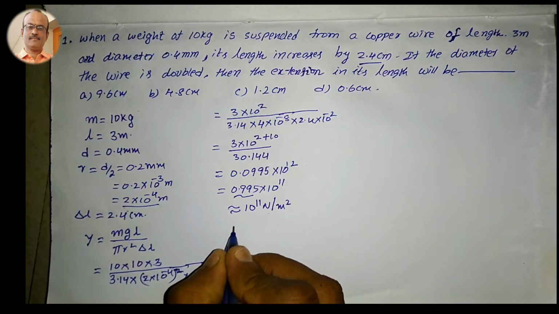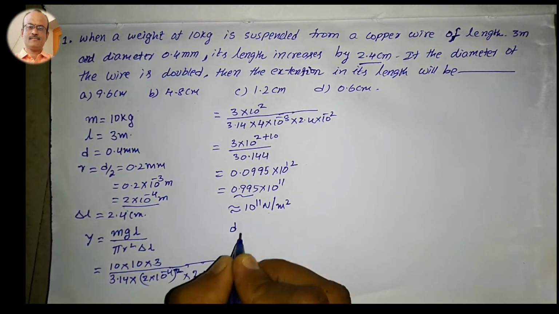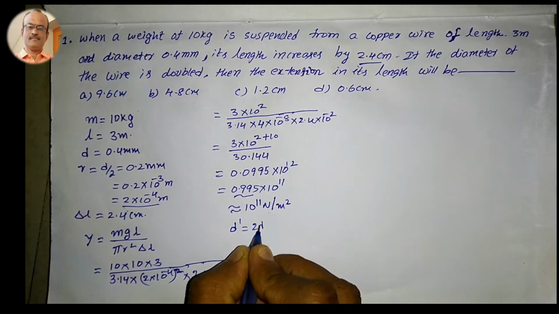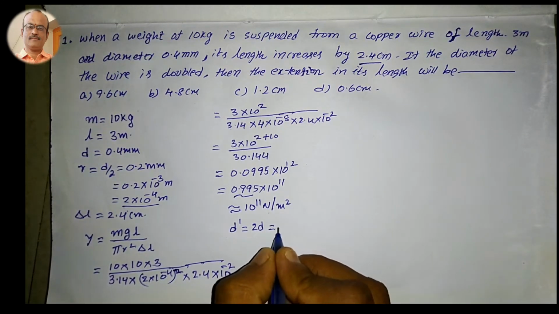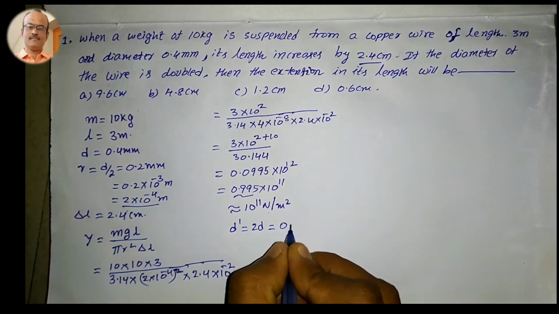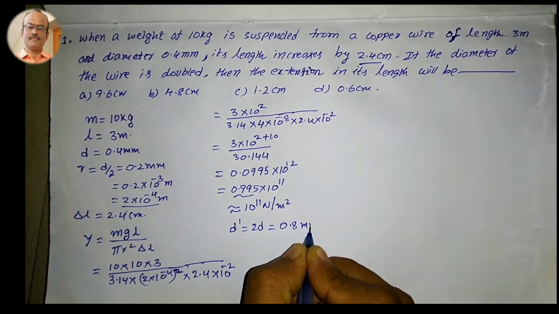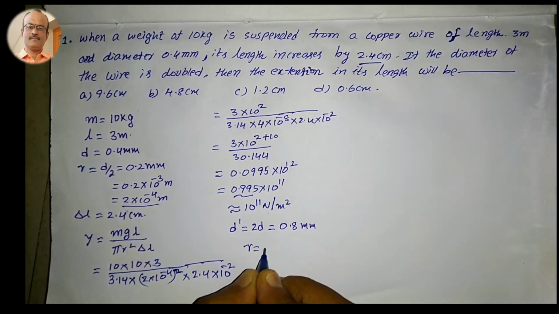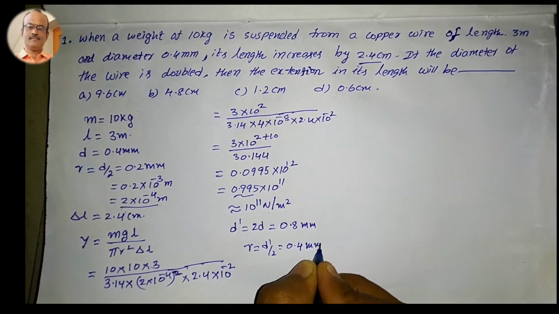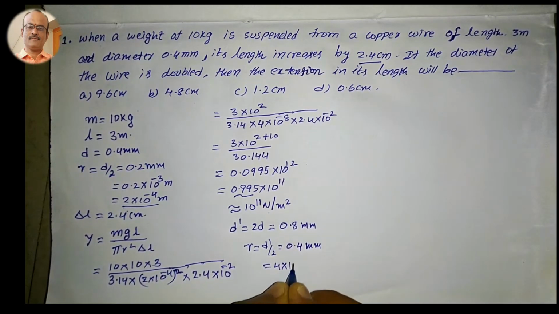So then what happens here? The other diameter that I will take, d dash, is equal to 2d, which is 2 into 0.4, that is 0.8 millimeter. The radius is d dash by 2, which is 0.4 millimeter, or otherwise 4 into 10 to the power of minus 4 meters.